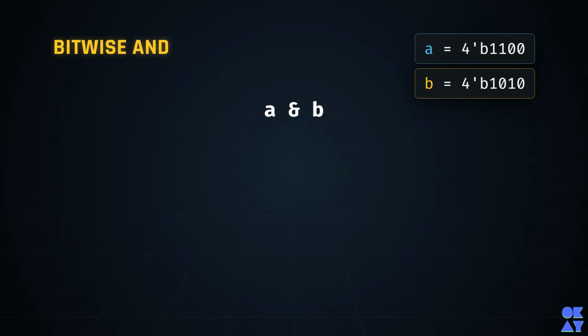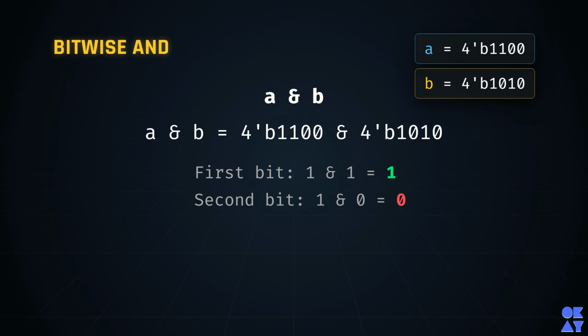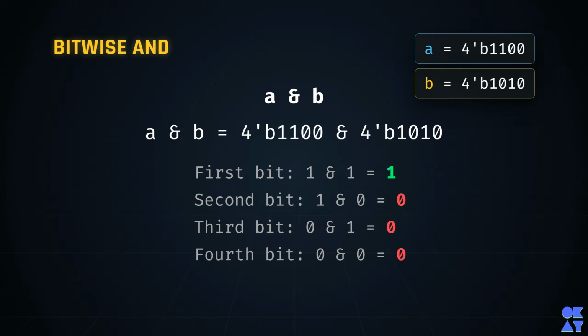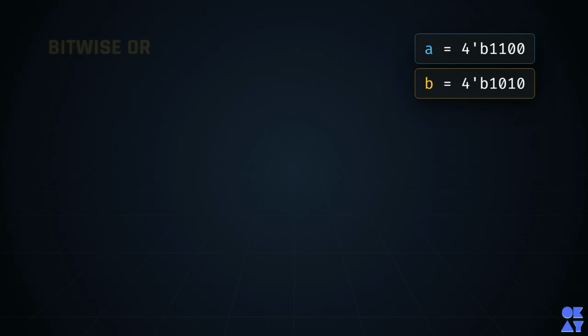A and B. So 4-bit 1100 and 4-bit 1010. We perform AND operation bit by bit. First bit, 1 and 1 equals 1. Second bit, 1 and 0 equals 0. Third bit, 0 and 1 equals 0. Fourth bit, 0 and 0 equals 0. Final result, 4-bit 1000.